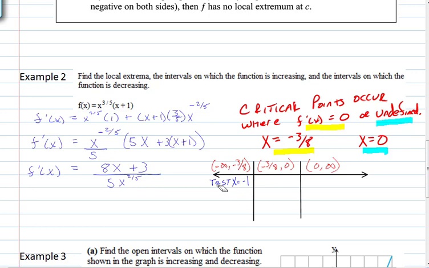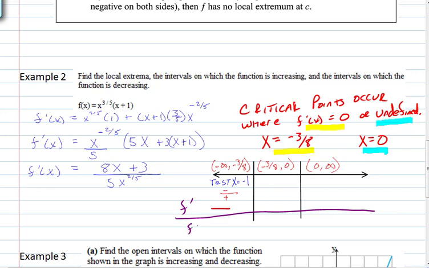If x is negative 1, I end up with negative 8 plus 3, that is negative, over, this is squared, isn't it? Because that numerator's the power, the denominator's the root. So that denominator's always going to be positive. The whole thing is negative. That's what the sign of the derivative is.